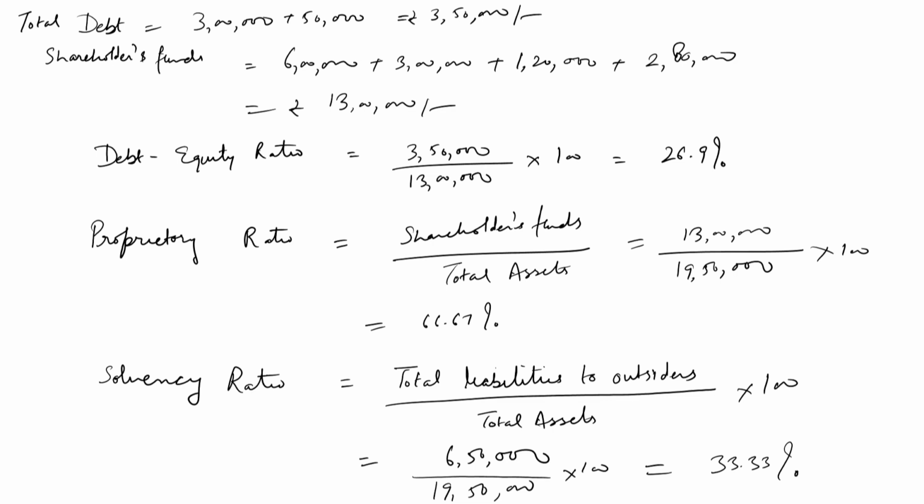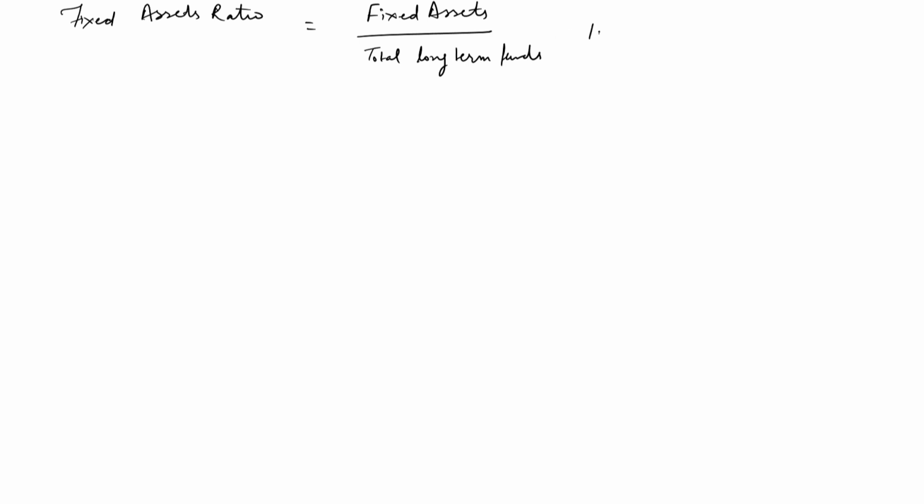Moving to the next, that is the fixed assets ratio, which is given as fixed assets divided by total long-term funds multiplied by 100.